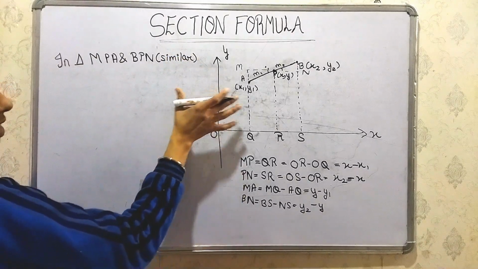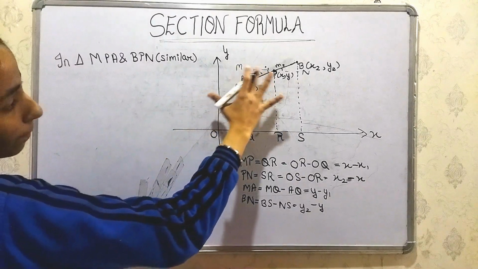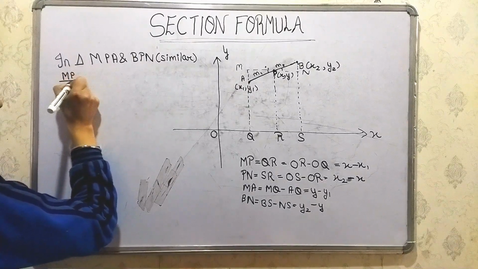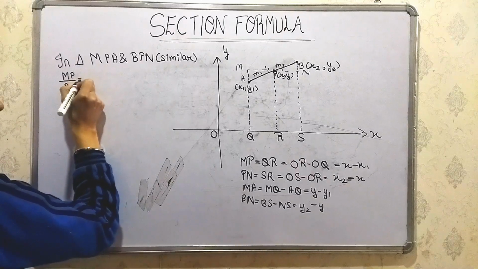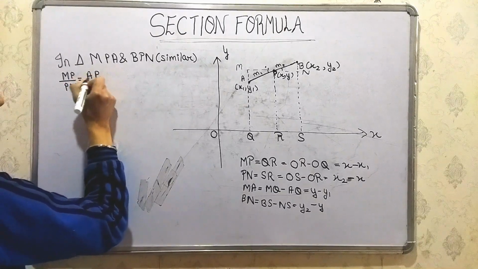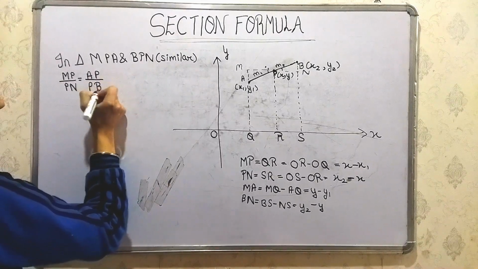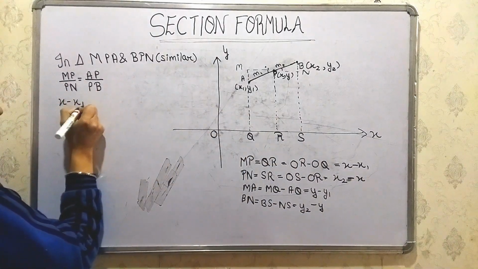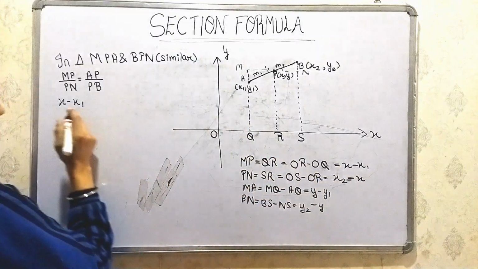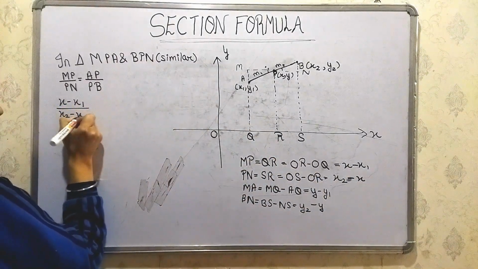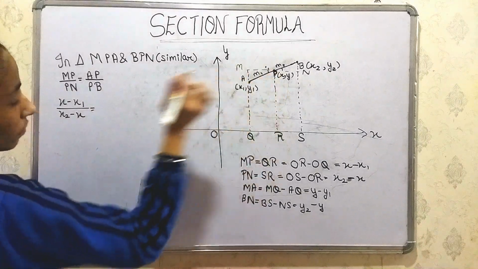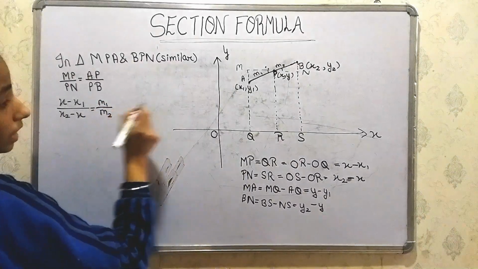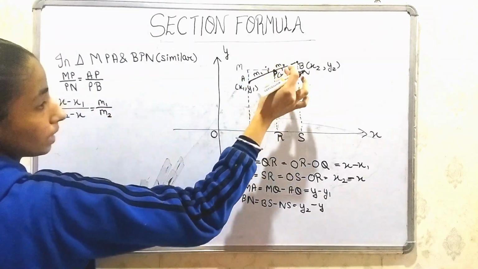So by similarity we can say that MP upon PN is equal to AP upon PB. What is MP? We have found it out, x minus x1. And what is PN? PN is x2 minus x. And what is AP? AP is M1 and PB is M2, the ratio in which the point P is dividing the line AB.